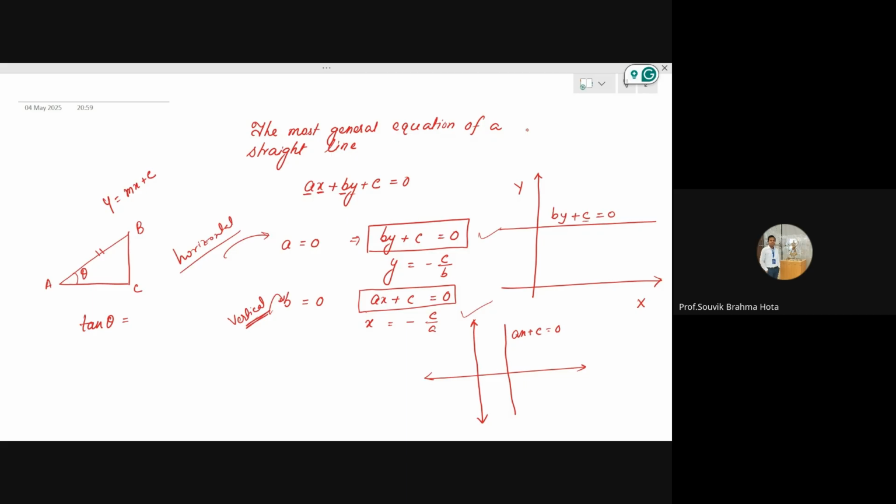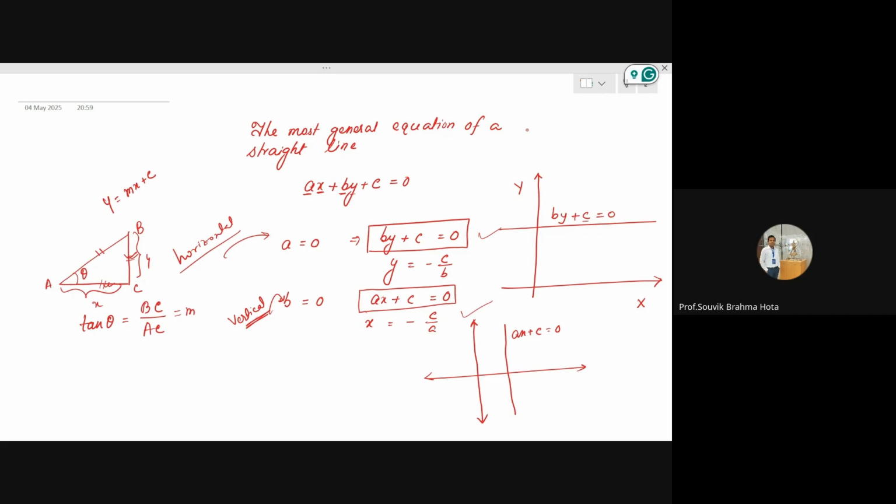So tan is always opposite by adjacent, opposite by hypotenuse is sine theta, and base by hypotenuse is your cos theta. So BC by AC is your tan theta. Now tan theta is actually the gradient, because this is also rise by run. This represents your y, this represents your x.